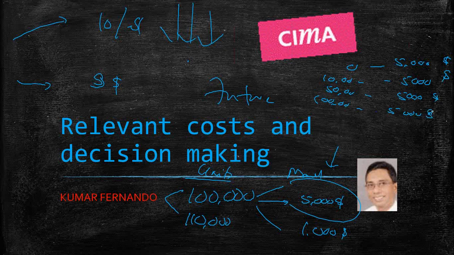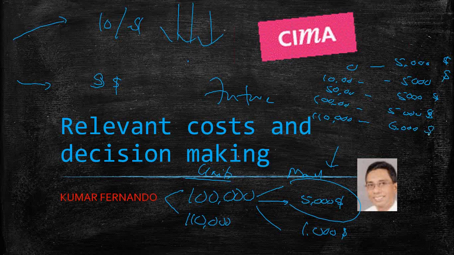So up to 100,000, no change. But I tell Sam, if you sell 110,000 units, I pay you another $1,000 extra commission. So how much will Sam get if Sam sells 110,000 units? 6,000. Very good.